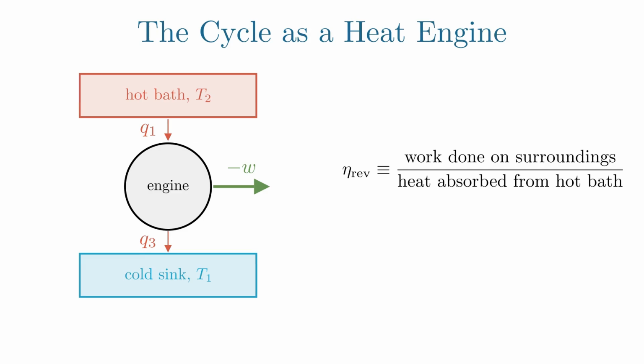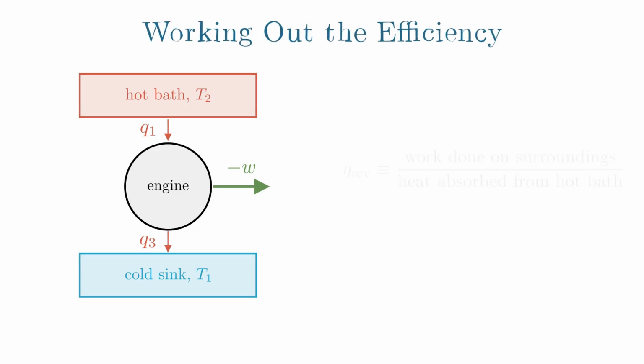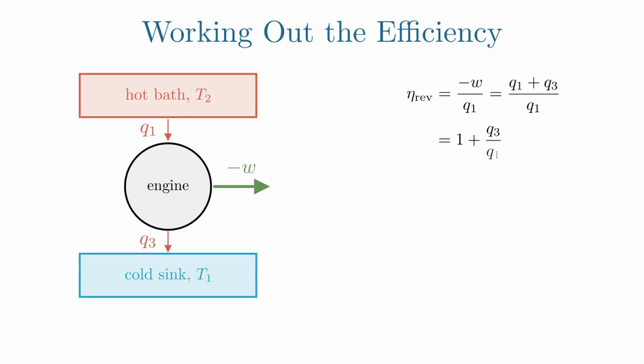We can define the efficiency of this ideal gas reversible heat engine as the ratio of work done on the surroundings and heat absorbed from the hot bath in a cycle. We denote efficiency with the Greek letter eta. Thus, the efficiency is eta equals minus W over Q1, which is Q over Q1, which is (Q1 plus Q3) over Q1, equals 1 plus Q3 over Q1.